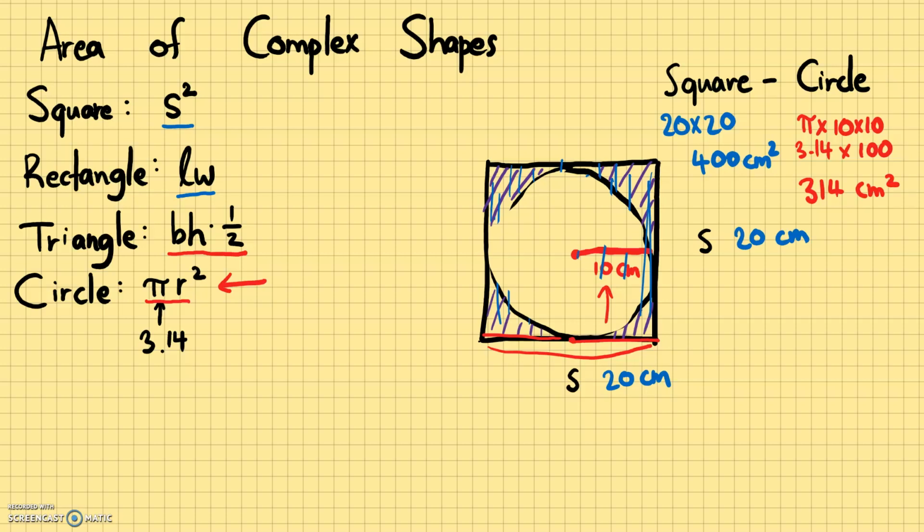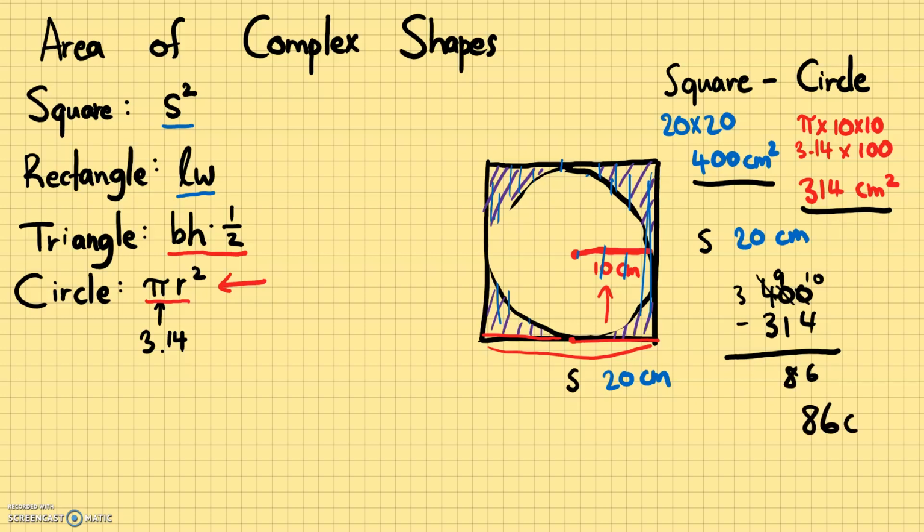So we just do 400 minus 314 to get the purple part. What is 400 minus 314? It's going to be 86. So the area of the purple part is going to be 86 centimeters squared.